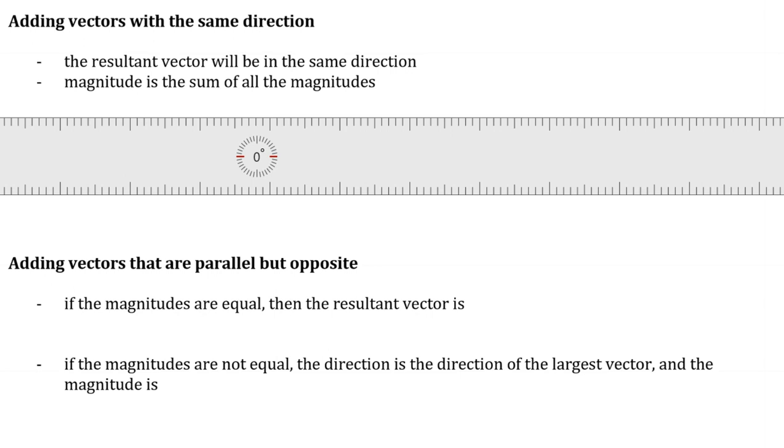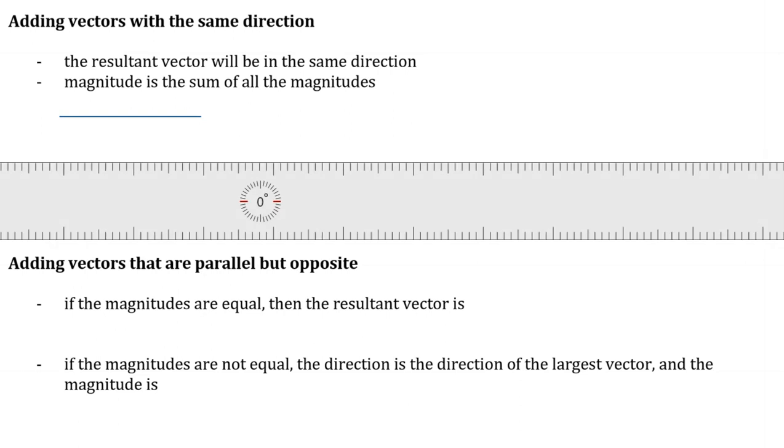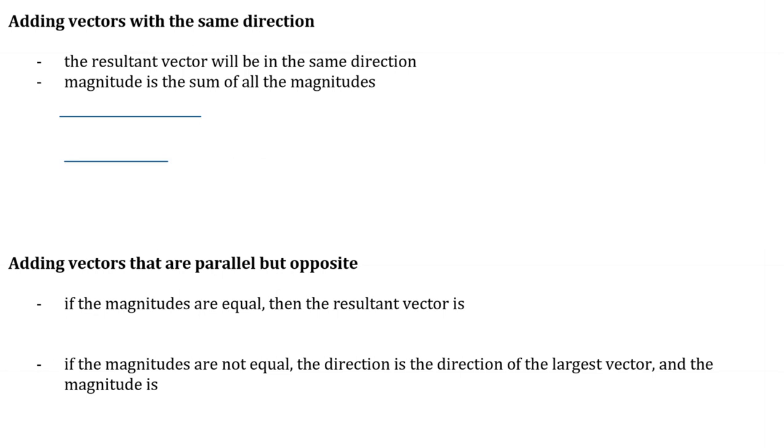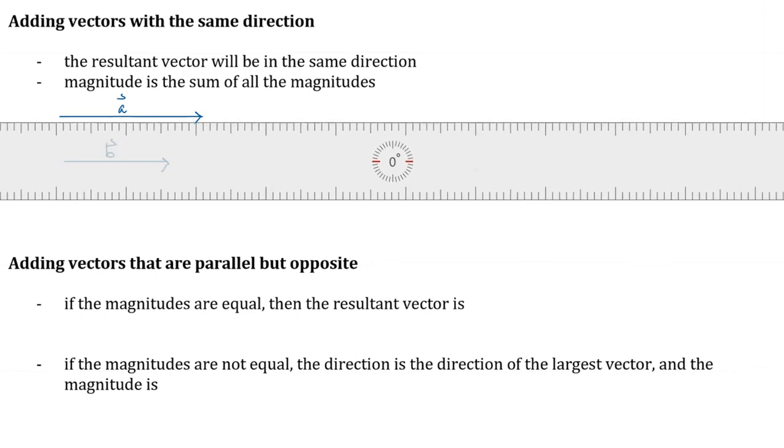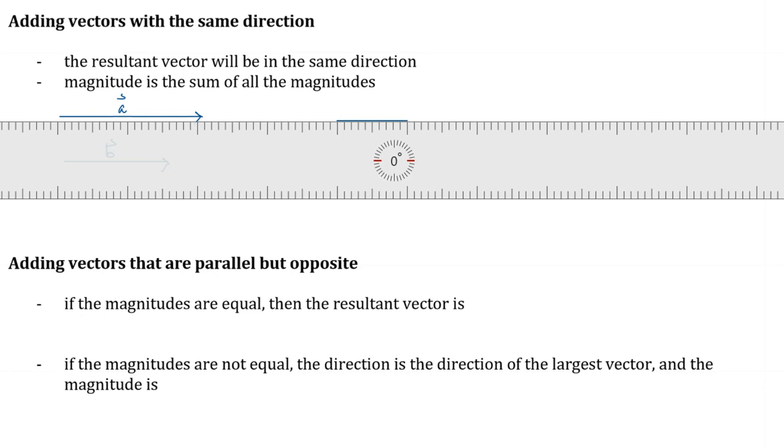So let's see if I can do this. About that far, and then another one about this far. I'll do it like that. Okay. So we'll call this vector A. We'll call this vector B. Then if I wanted to find the resultant vector, I'm going to add vector A, which was about that long, to vector B, which was about that long.